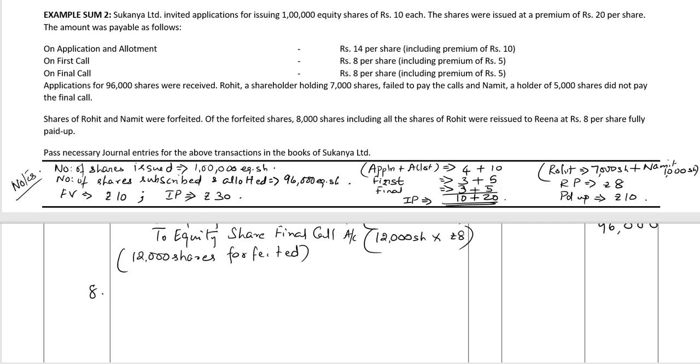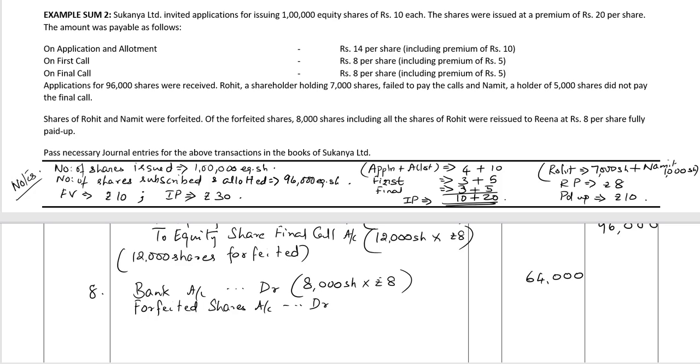So the eighth entry is for the reissue of shares at discount. Bank account debit, 8,000 shares reissued multiplied by the reissue price of rupees 8 per share. It comes up to totaling 64,000 rupees. Forfeited shares account debit, the amount of discount on reissue, 8,000 shares multiplied by rupees 2 per share is the discount, 16,000 rupees.